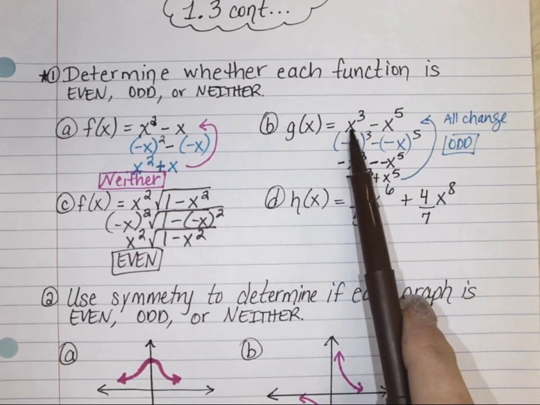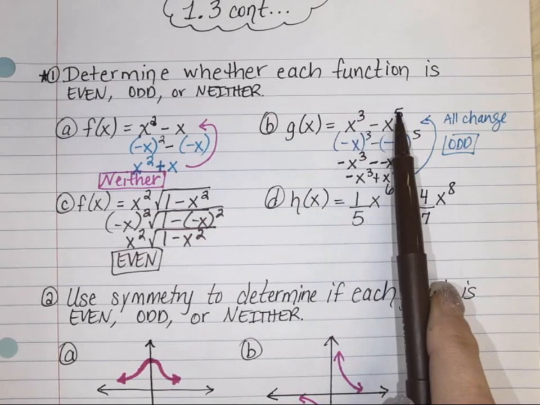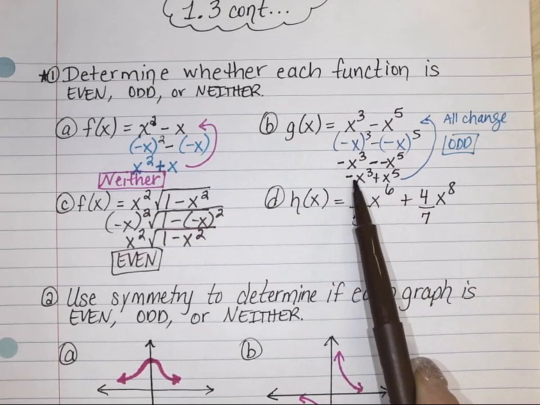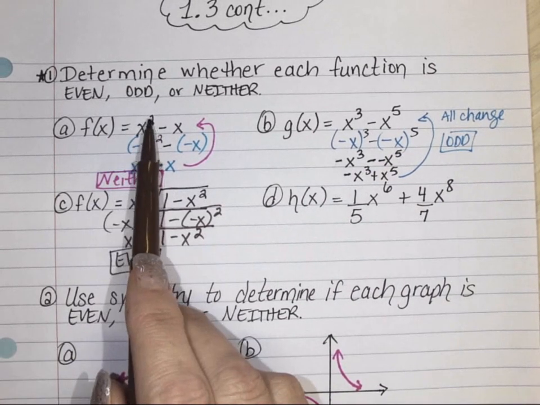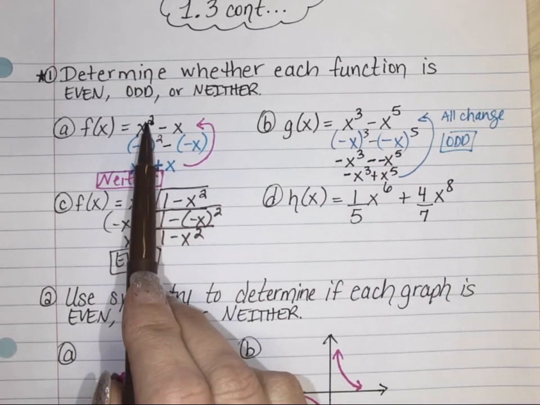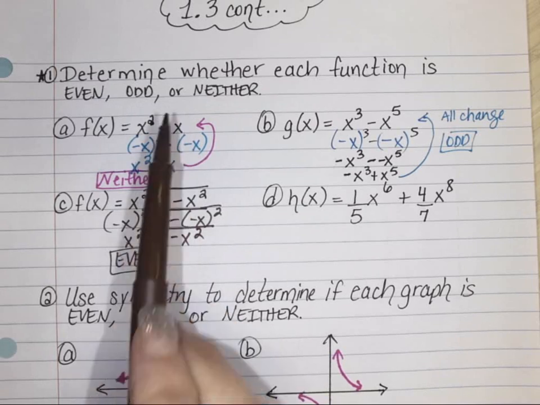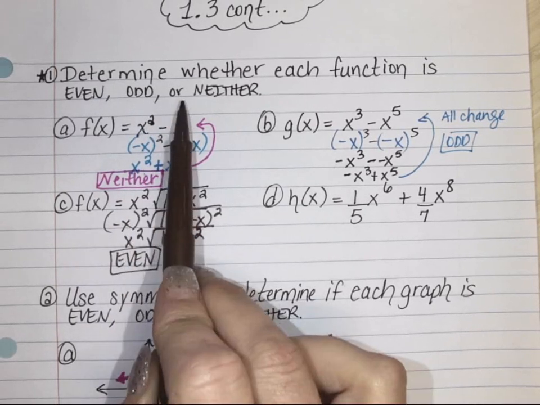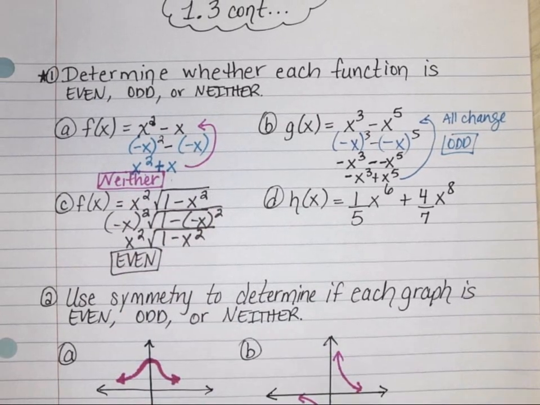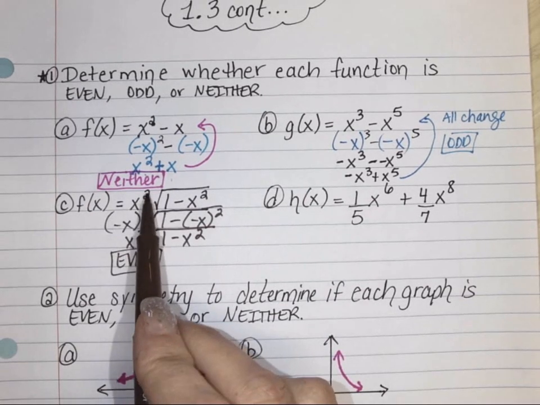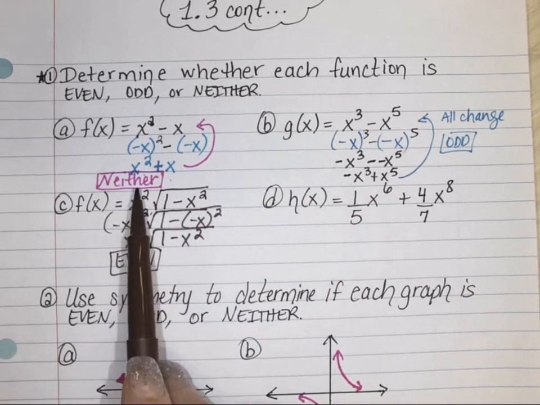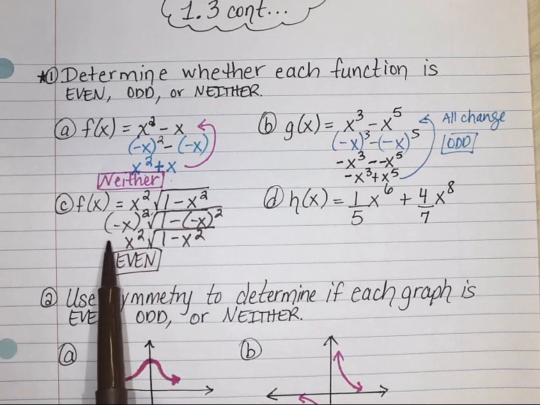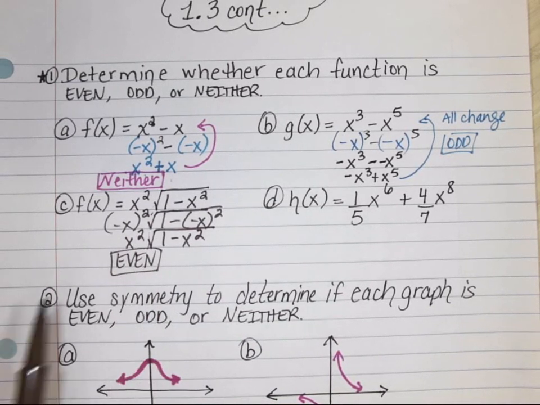So notice in this case, both of these had odd exponents. Both of them changed signs. Odd. Notice you only had one even exponent. This is an odd exponent. This one stayed the same. That one changed. Neither. In this case, the exponent I'm mainly concerned about is outside the radical. It was even, so it didn't change. Even.